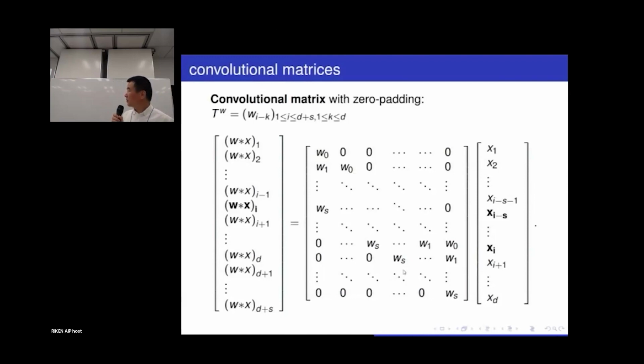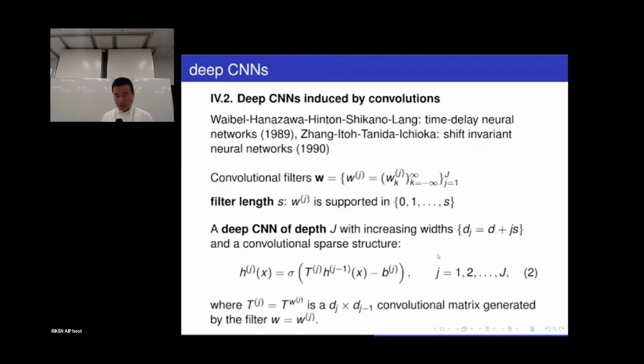If s is 2, then there are only 3 parameters to be trained. So that means we only need to learn 3 parameters in such a connection matrix instead of d plus s times d entries. Because of this reduction, we know that this matrix T^W, the convolutional matrix, is very sparse.